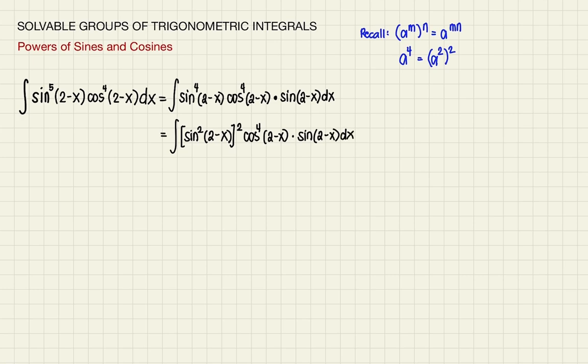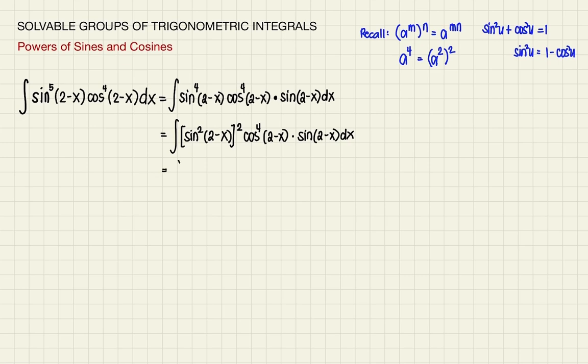Now that the exponent of sine of 2 minus x is already 2, we can use the Pythagorean identity. Remember, it's sine squared u plus cosine squared u equals 1. And if you want to express sine in terms of cosine, then sine squared u equals 1 minus cosine squared u.